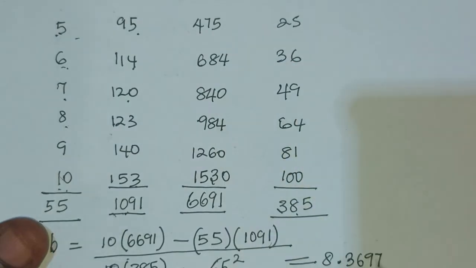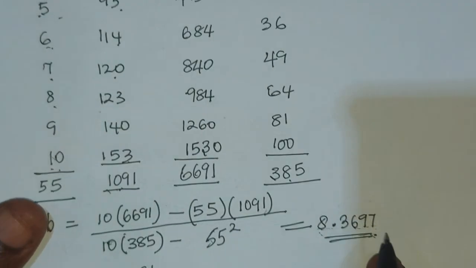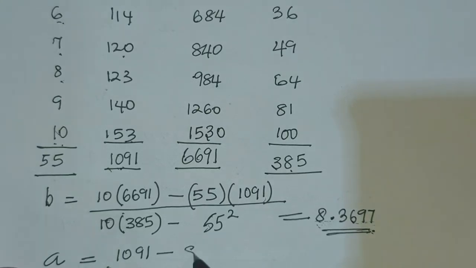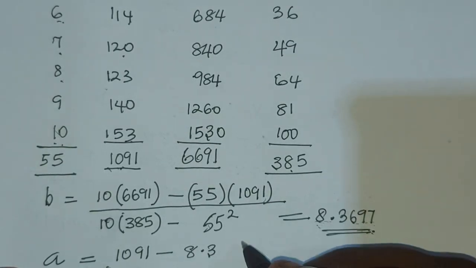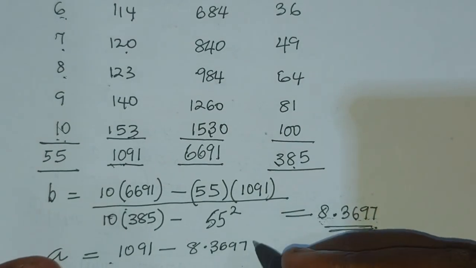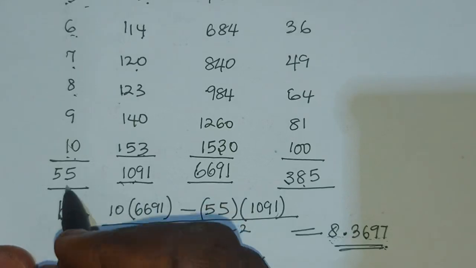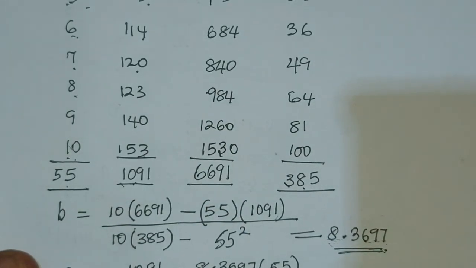b. So our b, make sure you leave your answer in 4 decimal places. That's the regression coefficient, 8.3697, into brackets summation x, that is 55, all over 10.